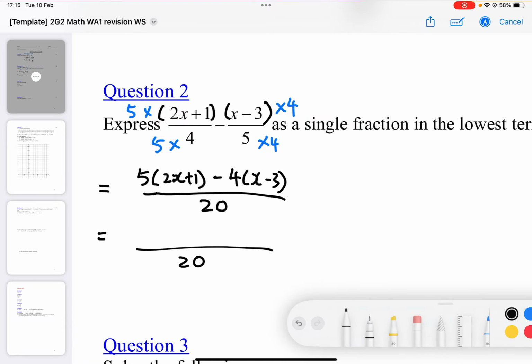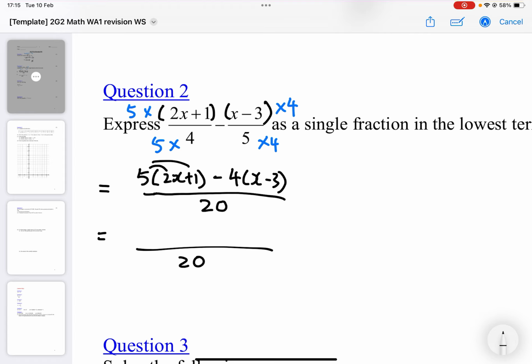So just like my part 1, I want to do my multiplication first, then do my subtraction. So 5 times 2x, 5 times 1. 5 times 2x is 10x. 5 times 1 is 5. Okay, then I must do my multiplication first, then subtract.